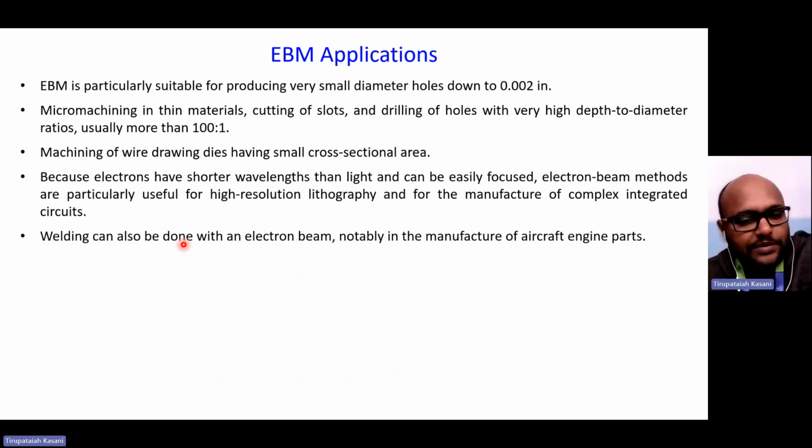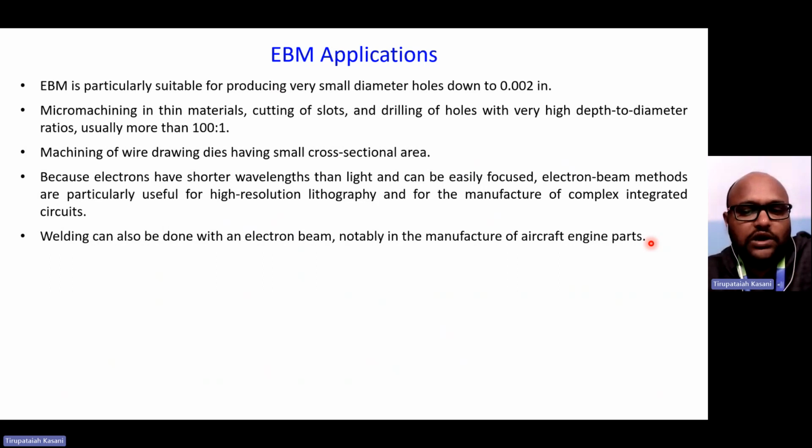Welding can also be done with an electron beam, notably in the manufacture of aircraft engine parts. See here, whenever the electron beam impinges on the top surface of the workpiece, the material gets melted. If immediately after the melting I move the beam away from the zone, the liquid metal will get solidified and the joint will form.